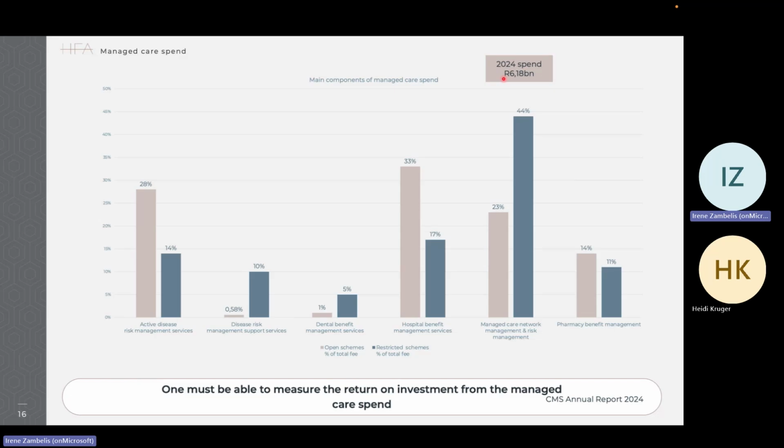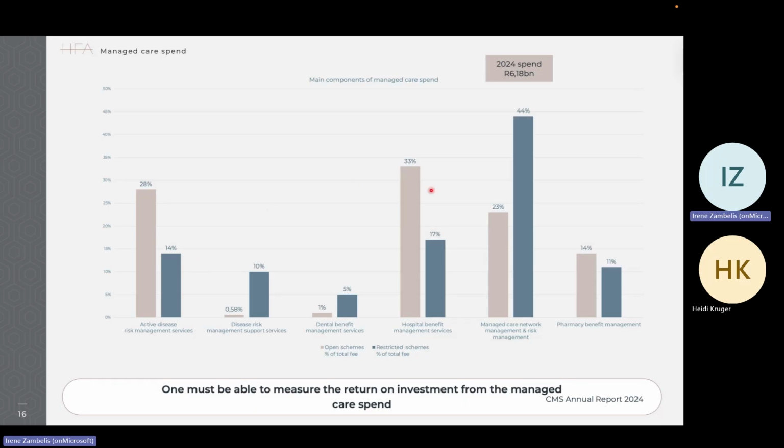We know that the money that is spent on managed care comes from the healthcare expenses of a scheme. What is interesting to note, in this graph, they divide the spend between the different managed care programs and between open schemes, which is the lighter column, and restricted schemes.